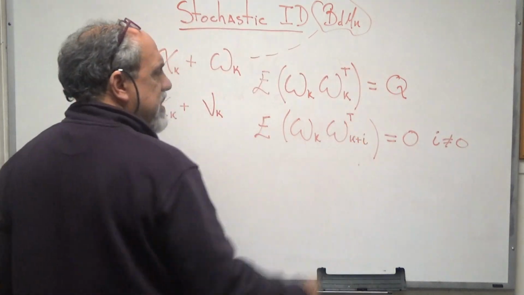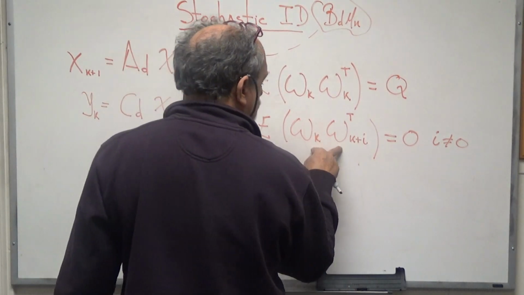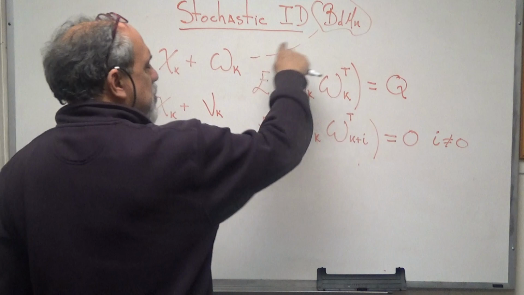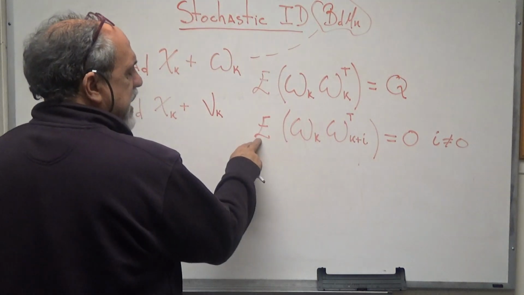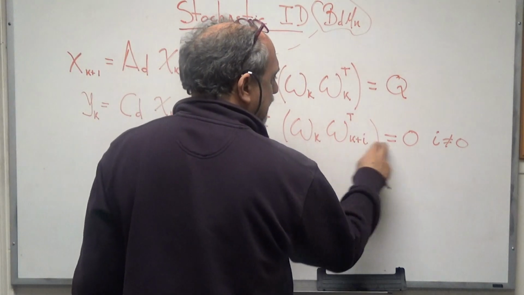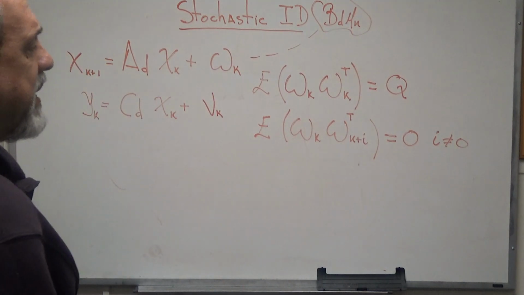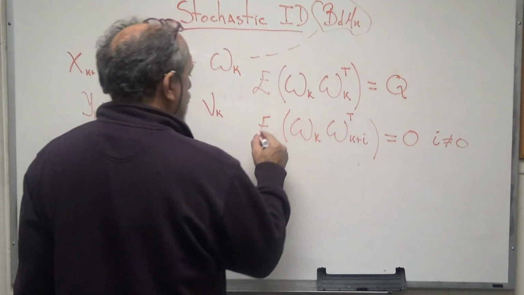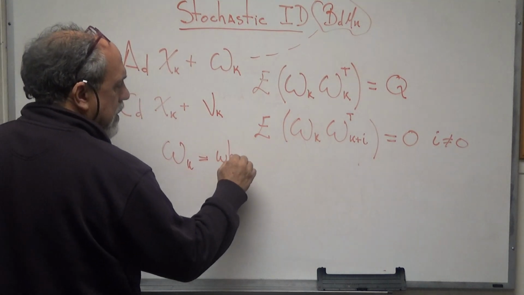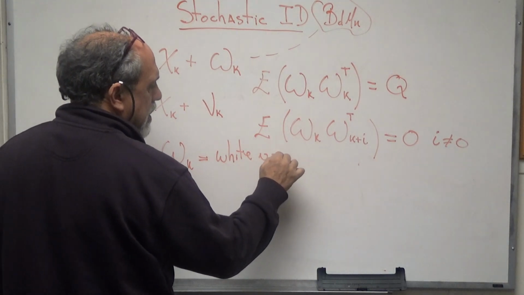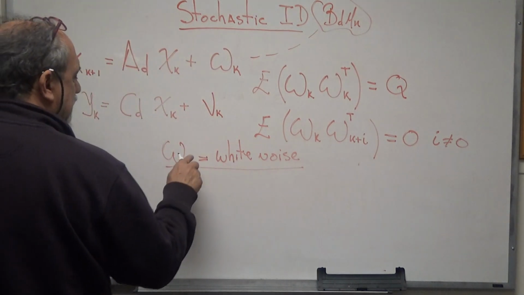When i is equal to 0, of course, something is always correlated with itself. In this case, we say the expected value is Q. But the expected value of omega_k and omega_(k+i) for any i not equal to 0, we say it's 0. That is the same thing as assuming that omega_k is white noise. We're assuming that omega_k is white noise.